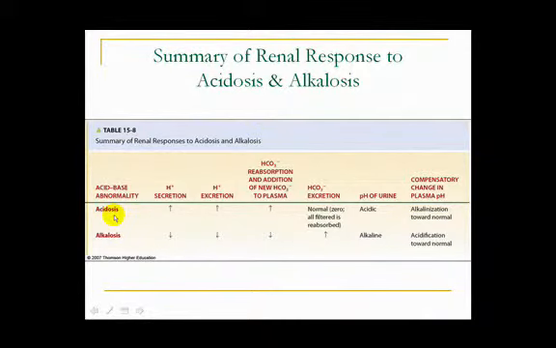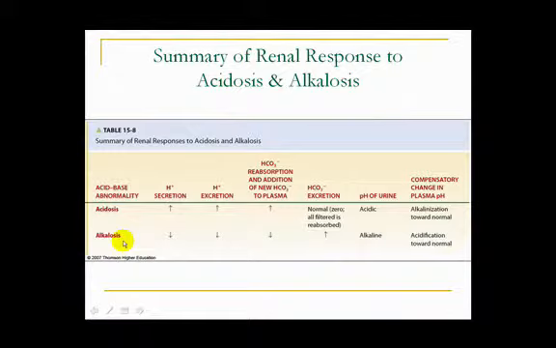If you're in acidosis, if your blood is acidic, you're going to secrete and excrete hydrogen ions, conserve and reabsorb bicarbonate. So you shouldn't find any bicarbonate in the urine, okay, because you want to keep it, and your urine will be somewhat acidic because of the secretion of the hydrogen ions.